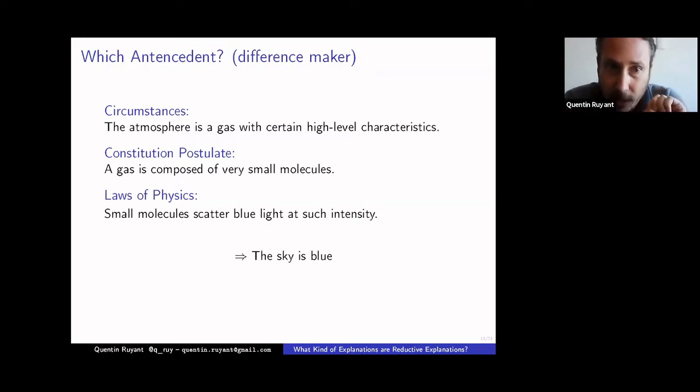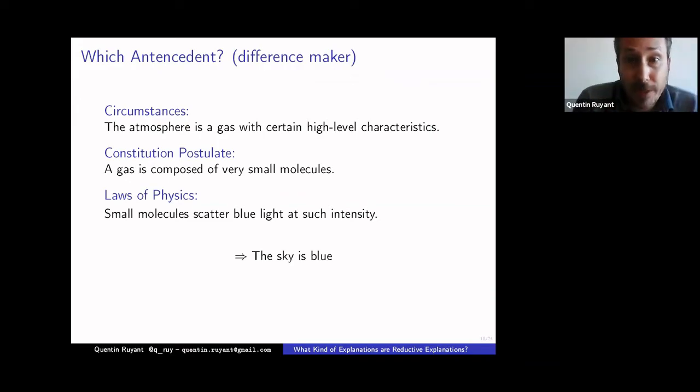We need a constitution postulate: the fact that a gas is composed of very small molecules that interact weakly, that will give us a class of models. And we need the laws of physics. Maybe we need a bit more, but maybe this is a simplification. Maybe we need idealization, etc. But I will consider these three aspects.